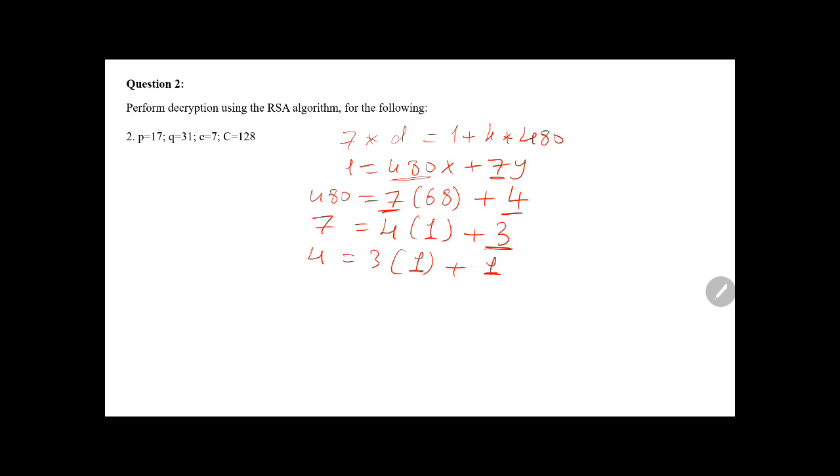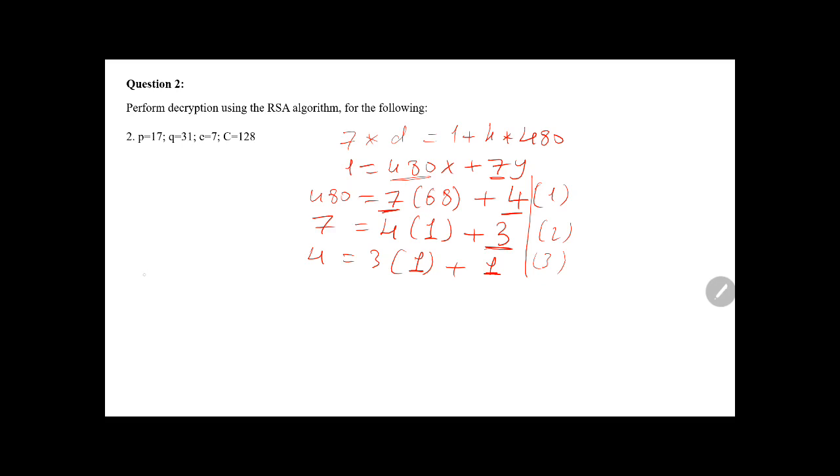So what we do next here, we rewrite our three equations here. We have equation 1, equation 2, and equation 3. We rewrite them such that the remainder is on the left side.